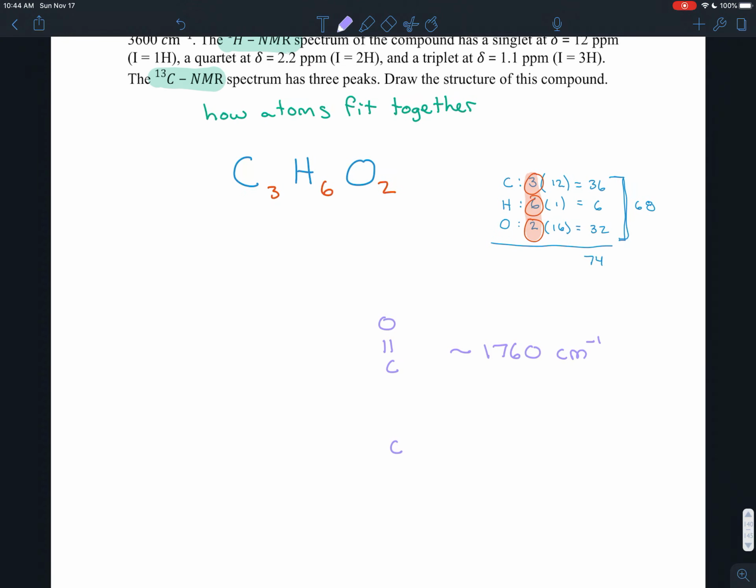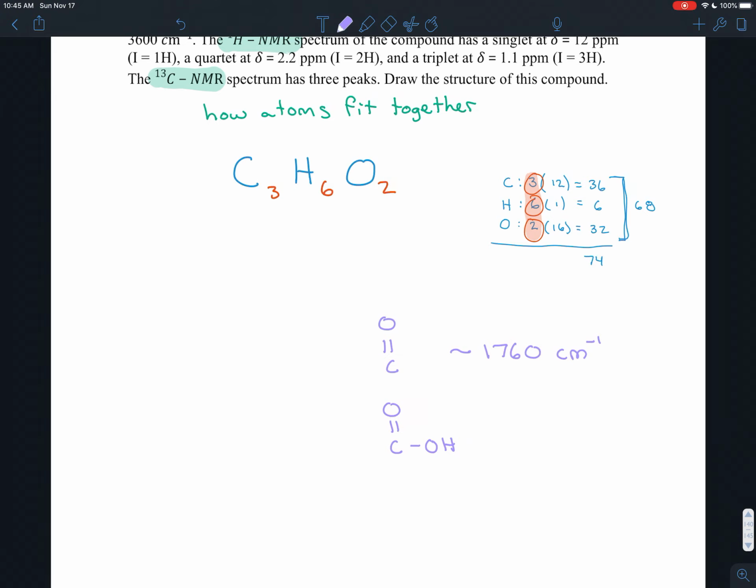The other bond that we have is the bond between the oxygen and the hydrogen on the carboxylic acid. That bond is really, really broad. I mean, we knew that it was broad before for alcohols. It's a smooth peak between 3200 and 3600.